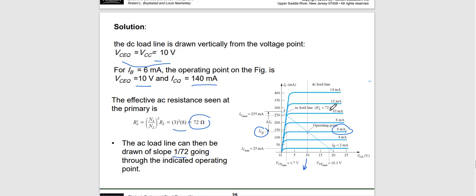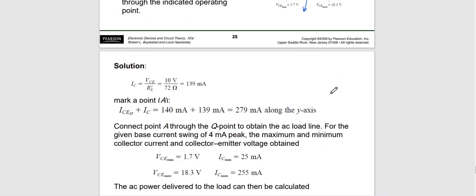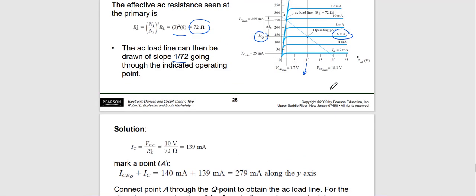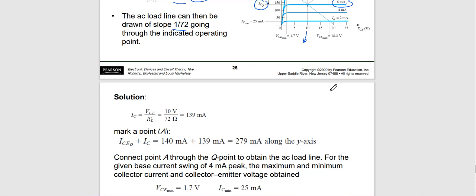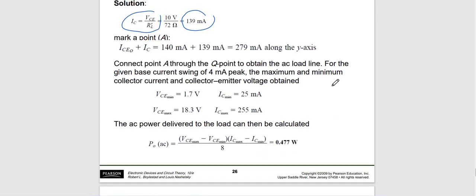In this case, R'L is 72 ohm, so the load line will be drawn with a slope of 1 per 72. Then we can calculate the IC. IC is VCE per R'L, so we get 10 volt per 72 ohm, so we can get 139 milliampere.